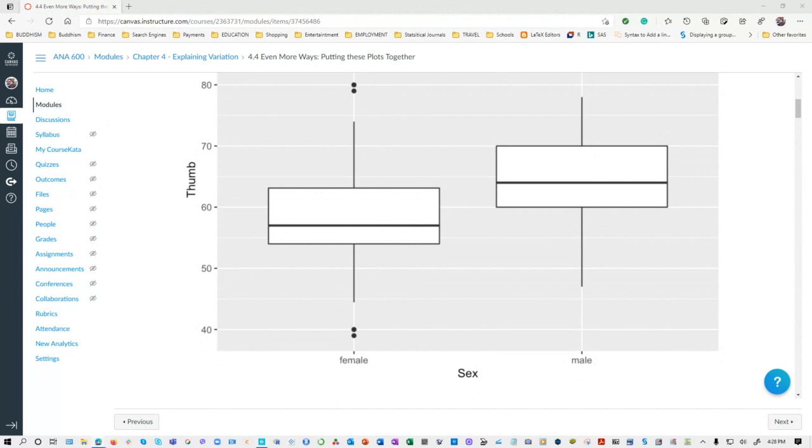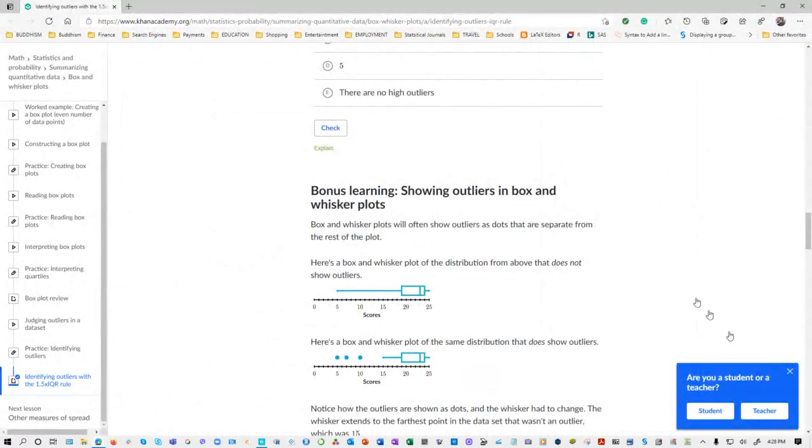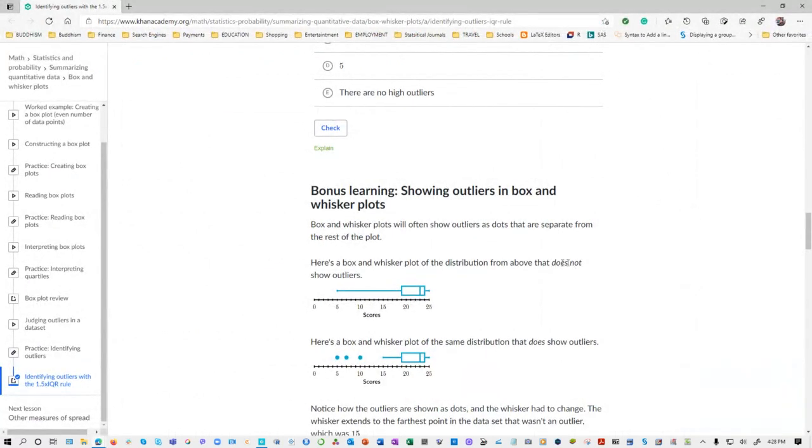So look, I can show you something here. Without whisker. See, the box part of the distribution does not show an outlier. The very moment it shows an outlier, see, it breaks. The whisker has been broken. The whisker stops here.